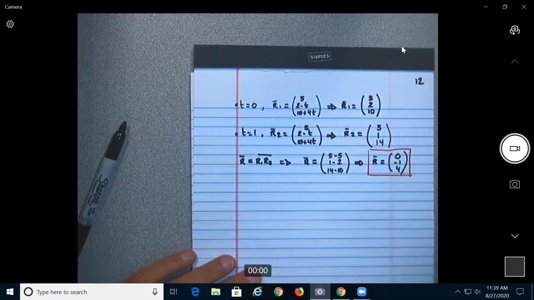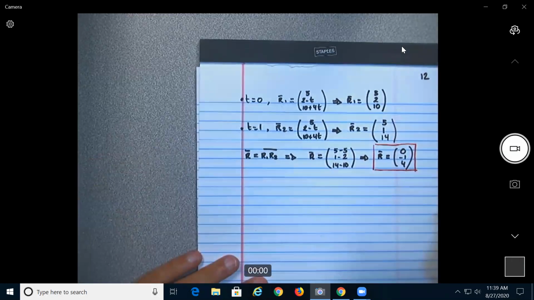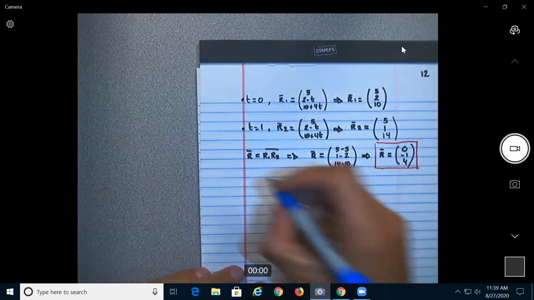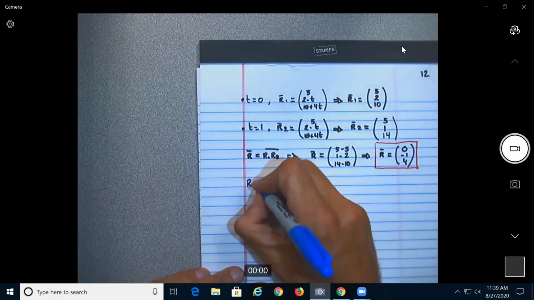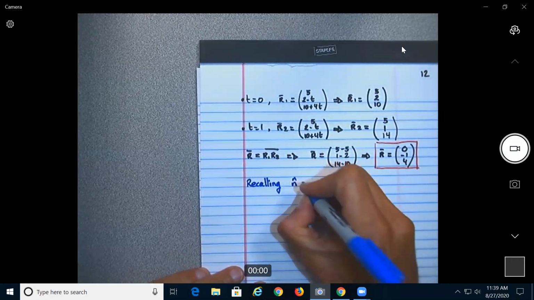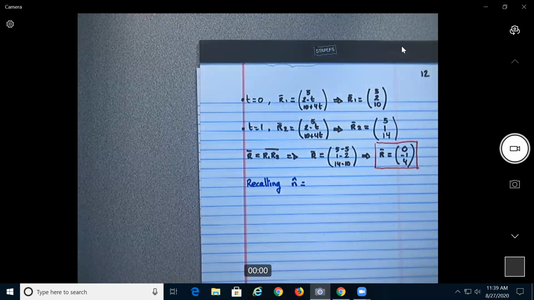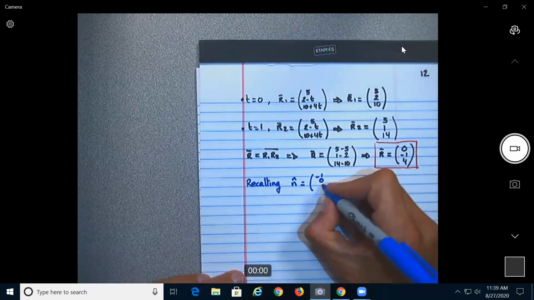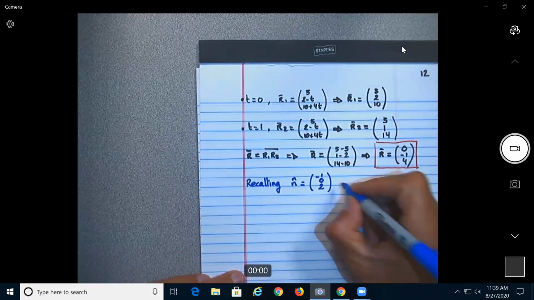Okay, so now, let me switch to blue maybe. Recalling from the previous page, n is equal to -1, 0, and 2.